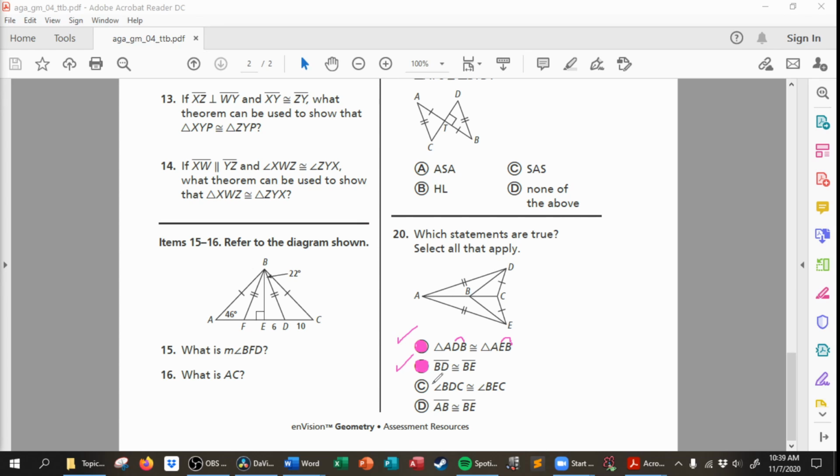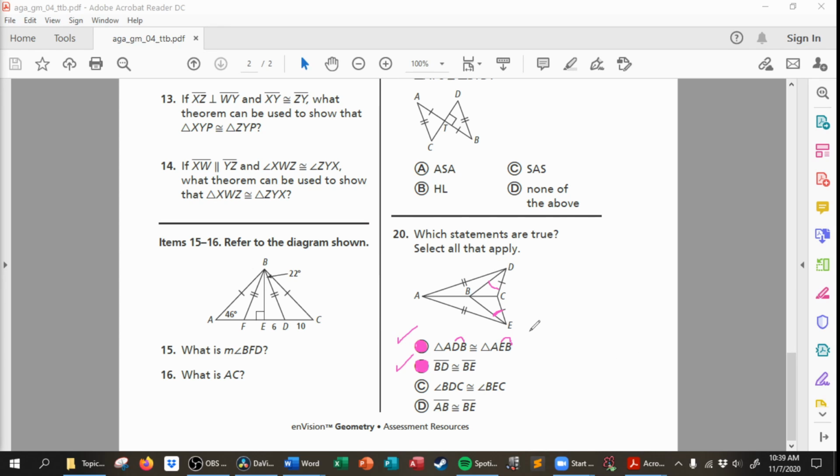And then if we look at C, BDC, we're looking for this angle, nope, this whole angle from BDC, and BEC. We want to say, are those congruent or not?